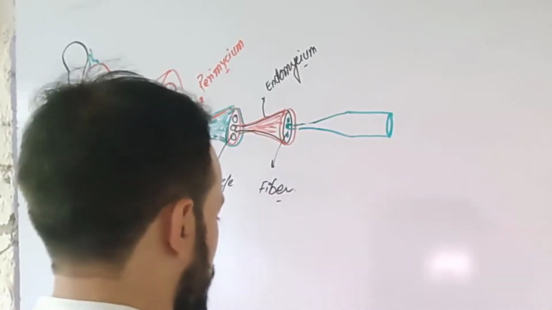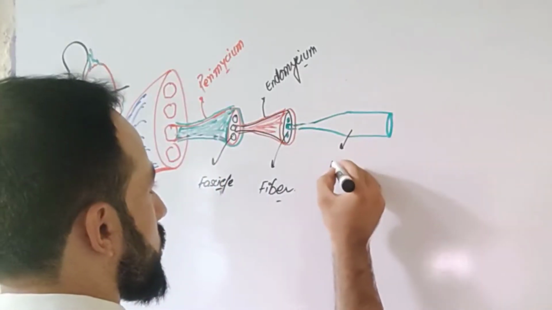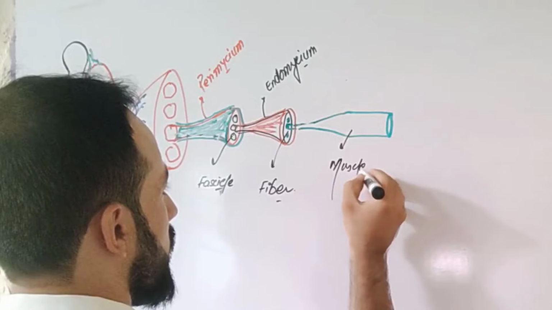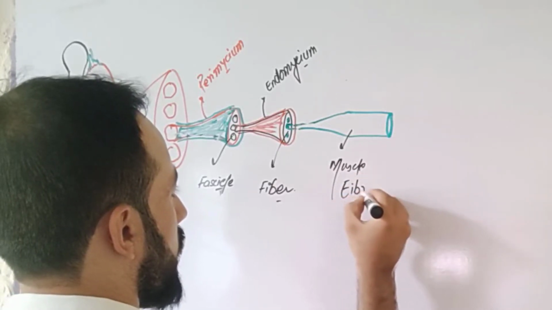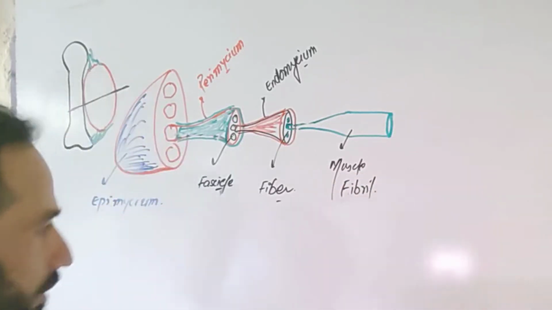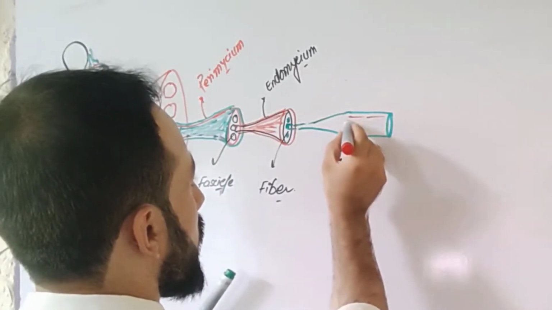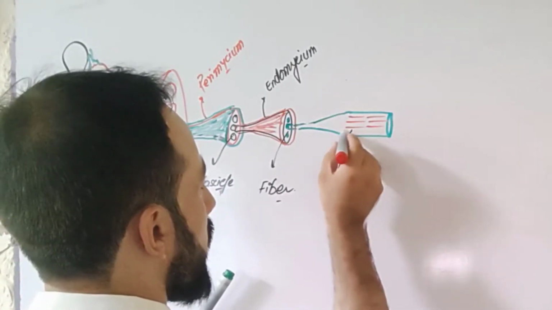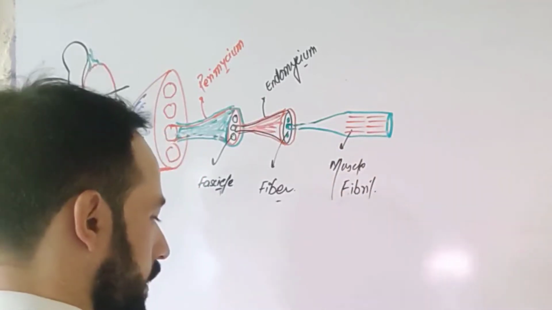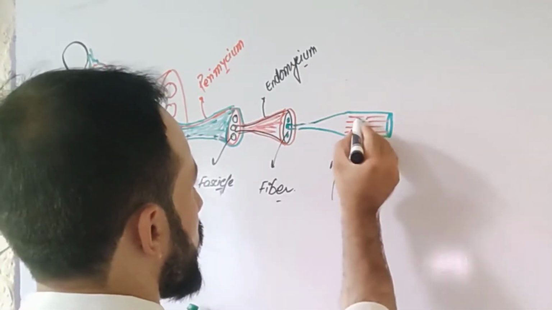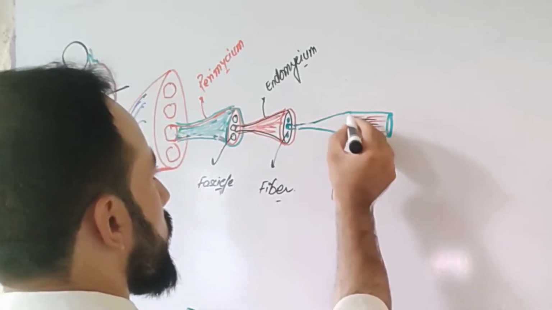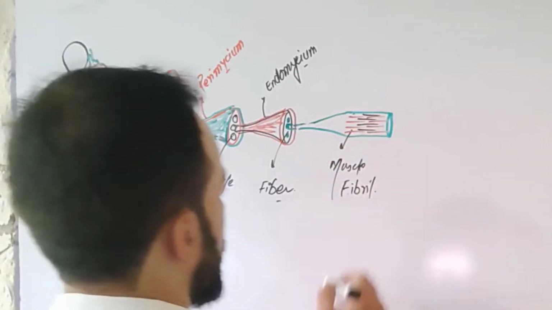So this is our muscle fibril. Now inside this muscle fibril, there are the thick and thin filaments arranged in a very beautiful manner, which I will discuss right now.